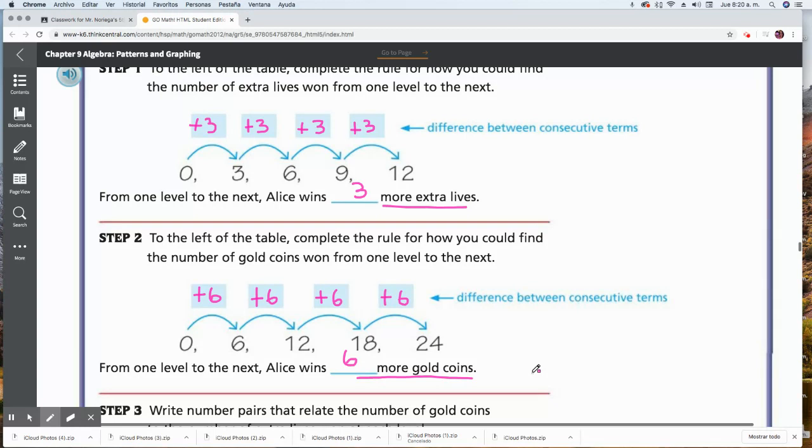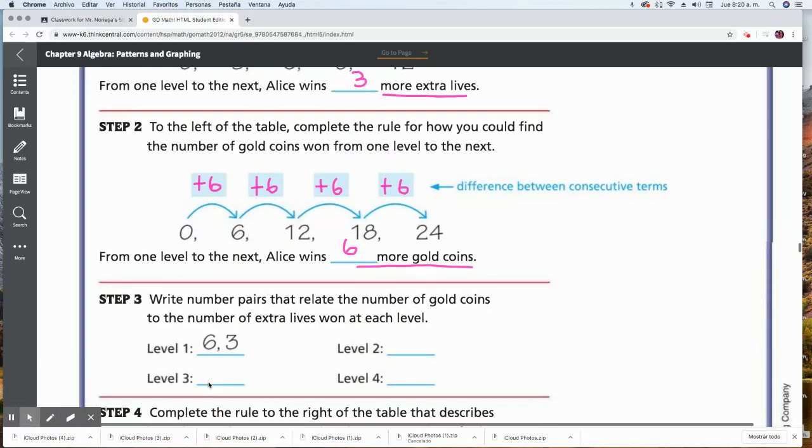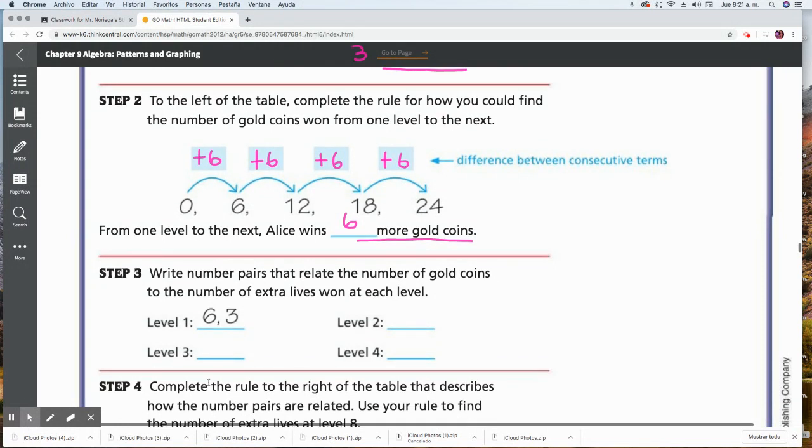Next step, write the number pairs that relate the number of gold coins to the number of extra lives. So that means we're going to start with the number of gold coins, and then the number of extra lives. How do you know what number you need to write first? The only thing you need to do is read. Write the number pairs that relate.